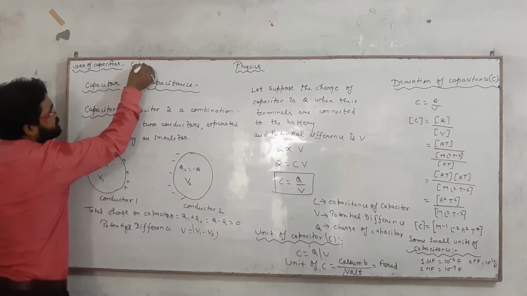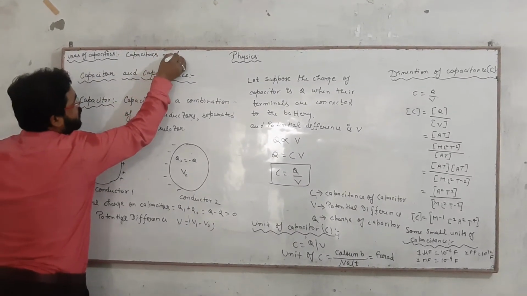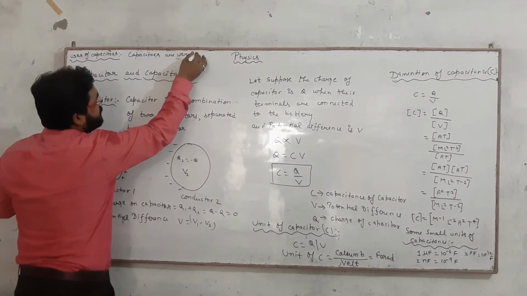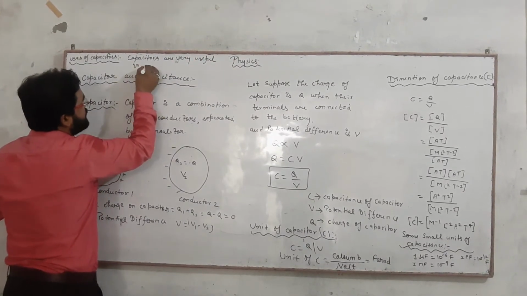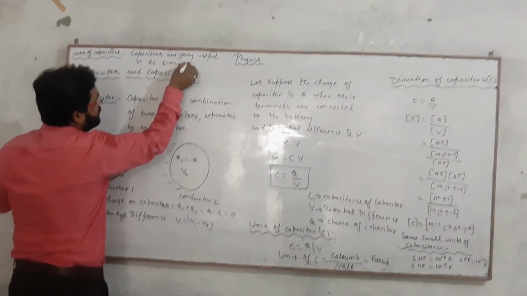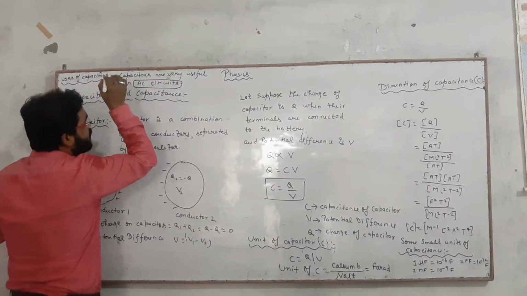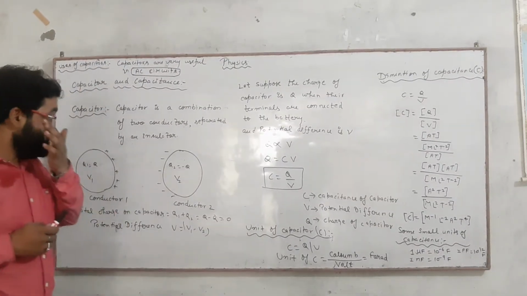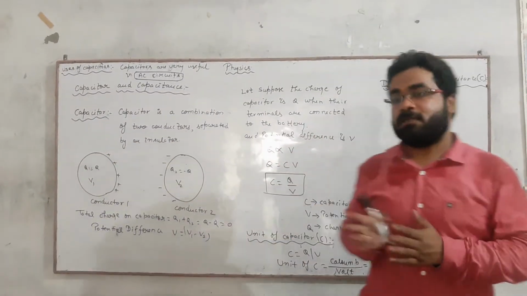Capacitors are very useful in AC circuits. That we will discuss when we go to the unit on AC. So this is basically the capacitor and capacitance.